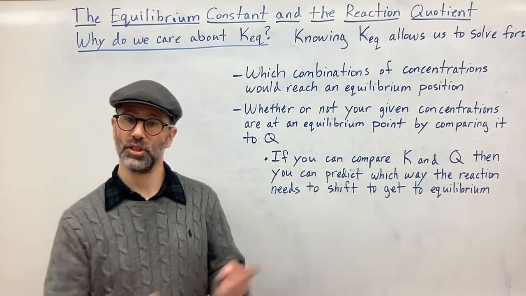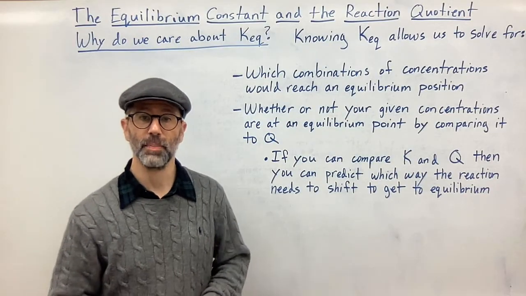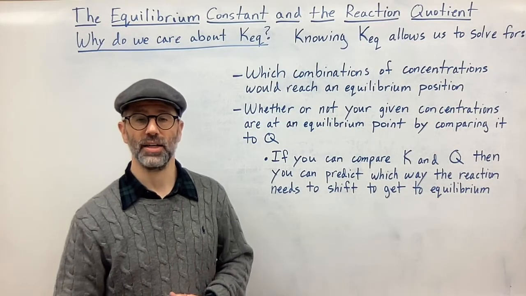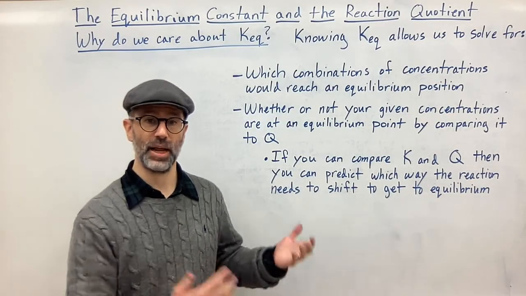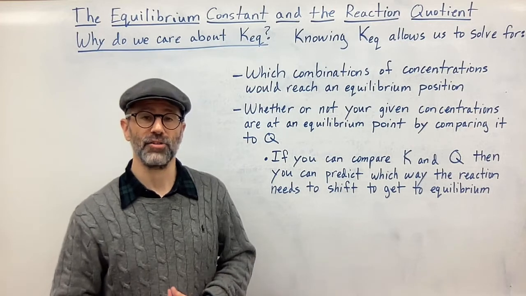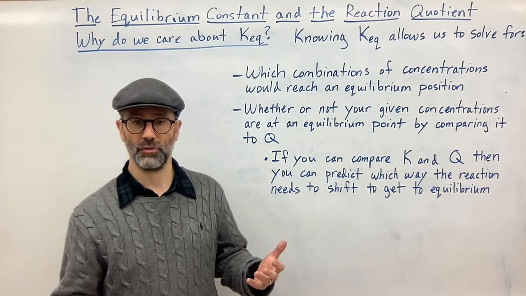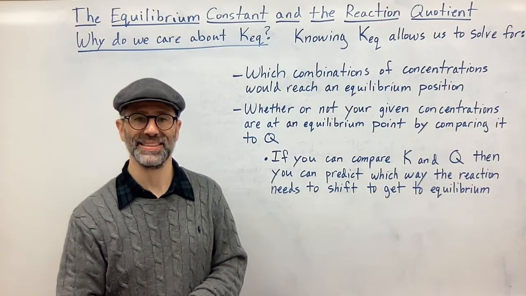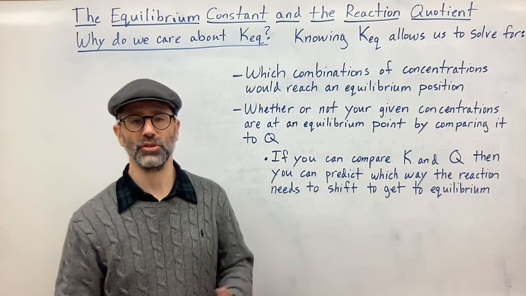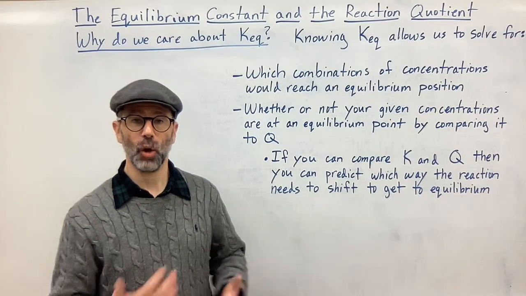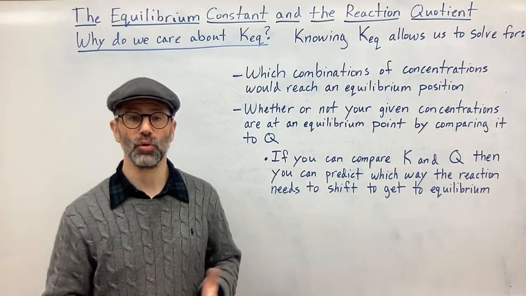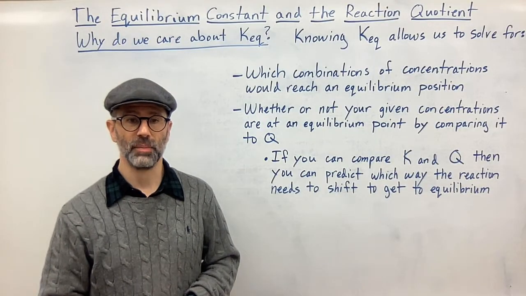So it's going to have to shift towards the products in order to get rid of the reactant and create more product. But if K and Q are equal to each other, then we know our reaction is at equilibrium with those concentrations. So knowing K is valuable in being able to do those things.